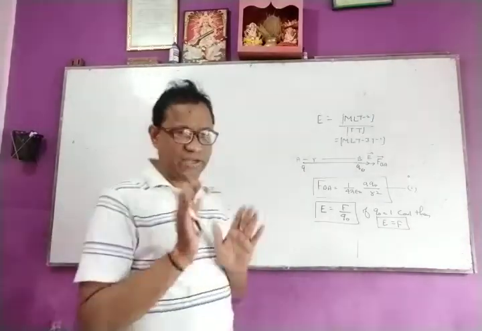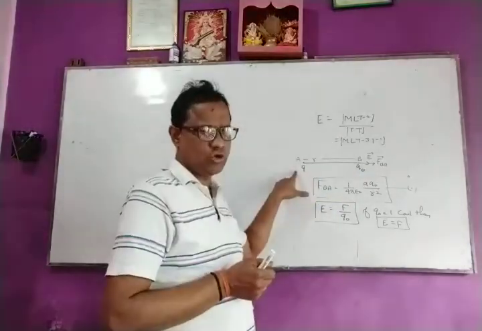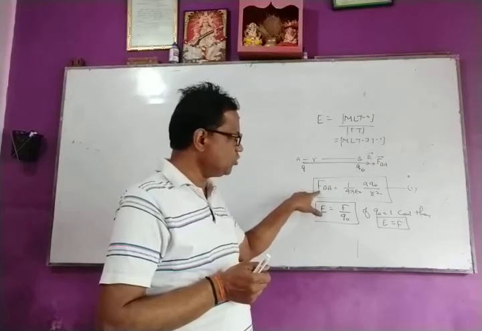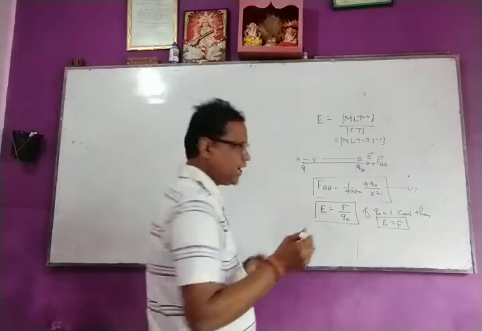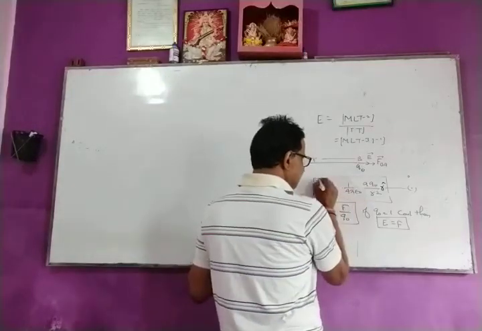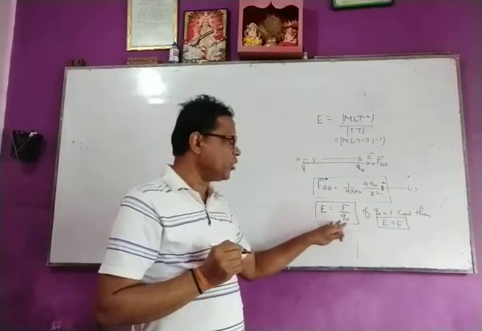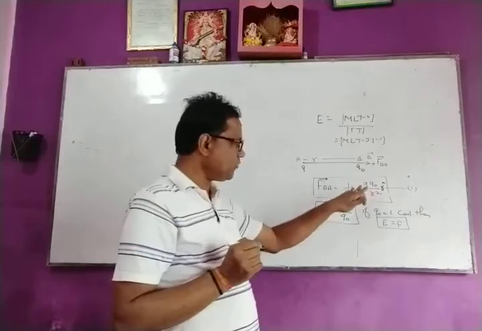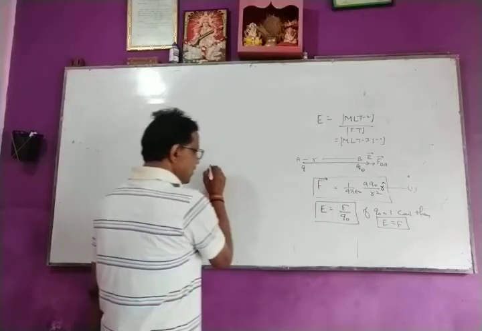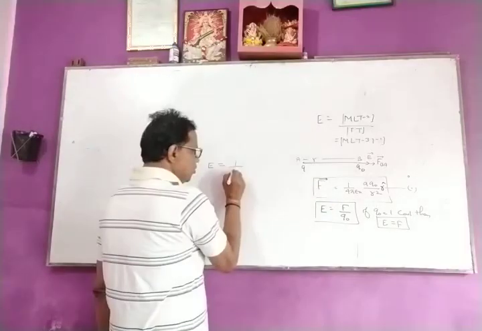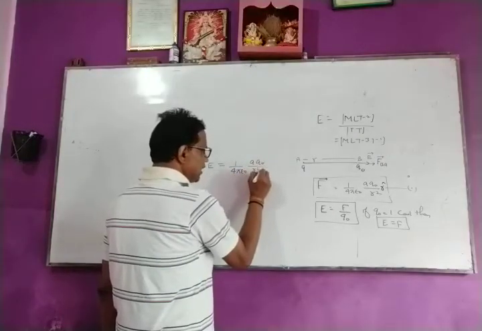The force experienced by charge Q naught due to charge Q is F equal to 1 upon 4 pi epsilon naught, Q Q naught by r square into r cap. By definition, E is equal to F upon Q naught. Putting the value of F, E is equal to 1 upon 4 pi epsilon naught, Q Q naught by r square into Q naught.